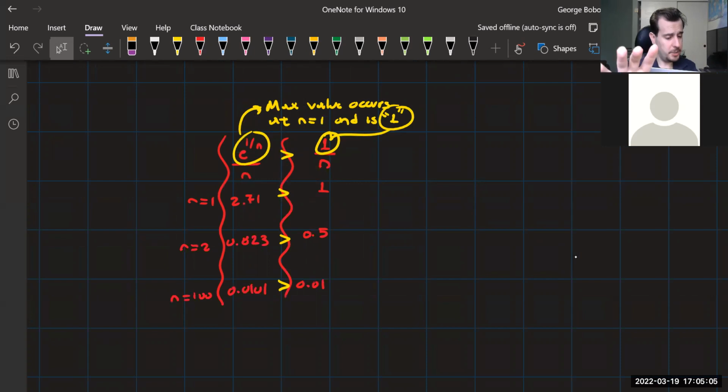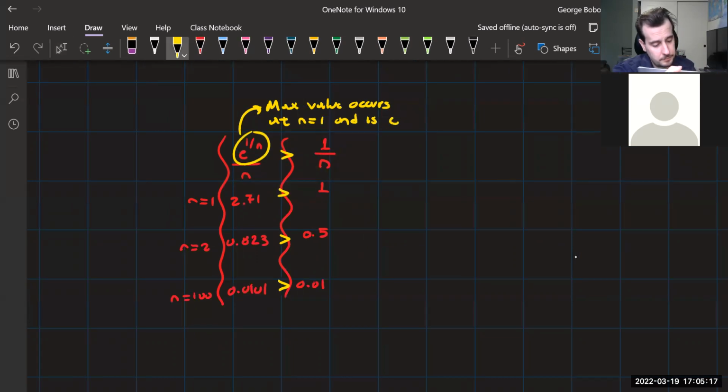Let me make sure I haven't made a mistake though. The maximal value occurs at n equals 1, exactly, and is not 1, excuse me, it is e.